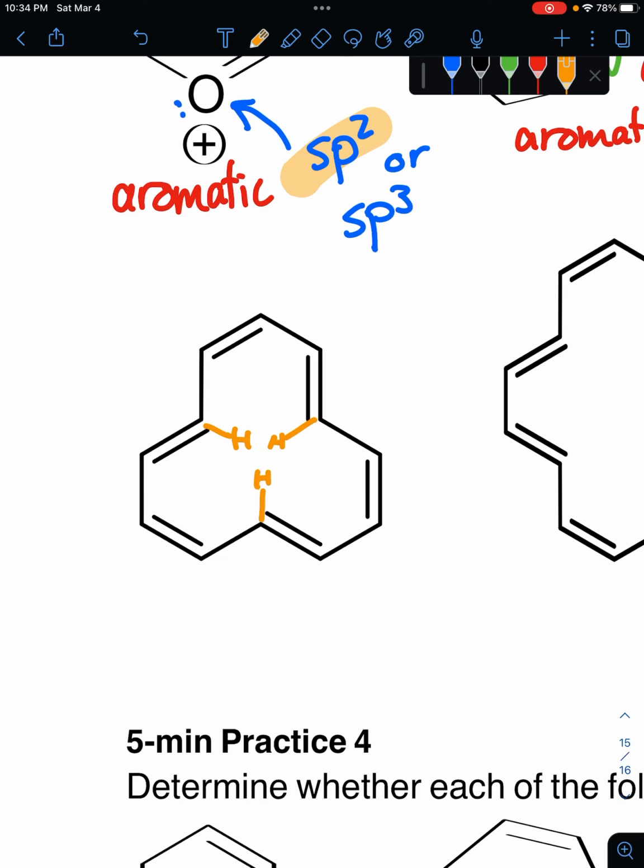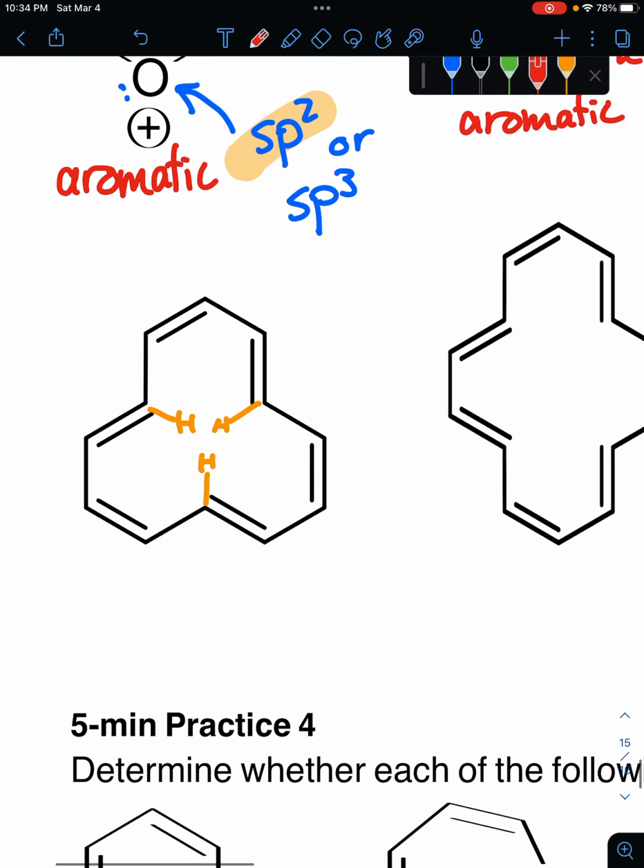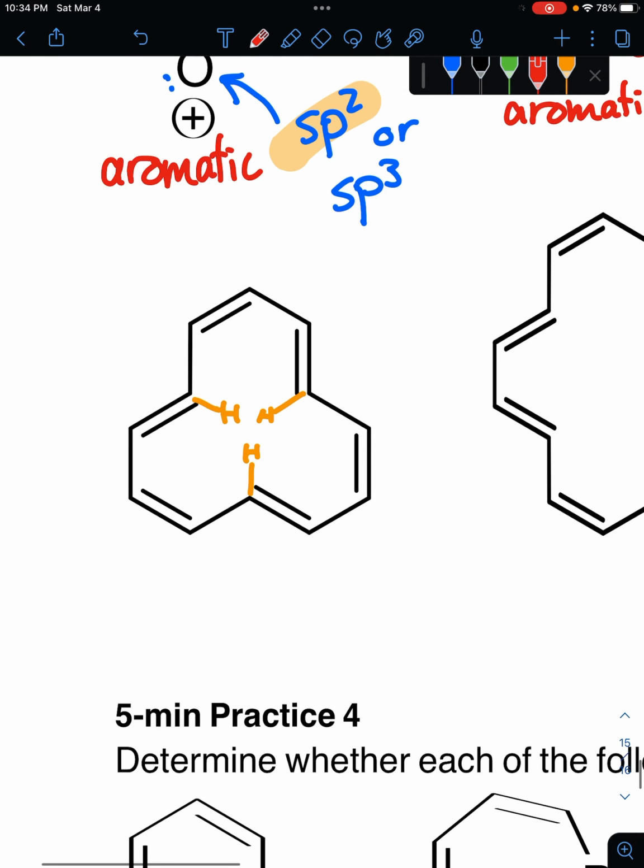And these are pretty tight. And so it's very likely that this is not going to be planar. Now, there would even be more incentive not to be planar if the number of pi electrons happen to be one of those anti-aromatic situations. So let's think about that first before deciding that this is definitely not going to be planar.